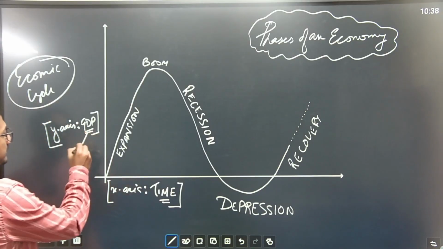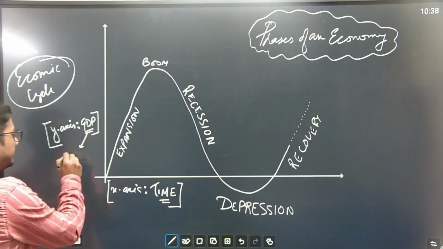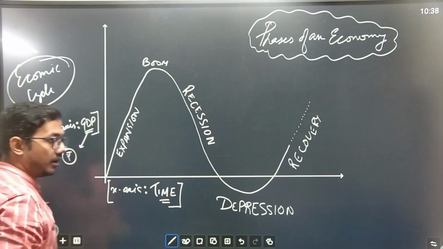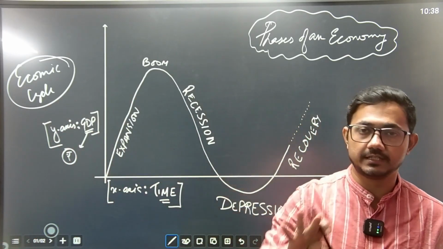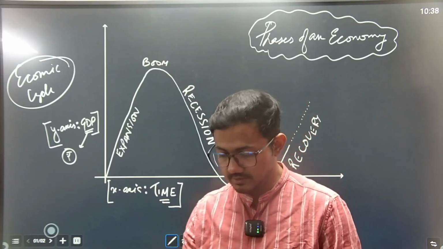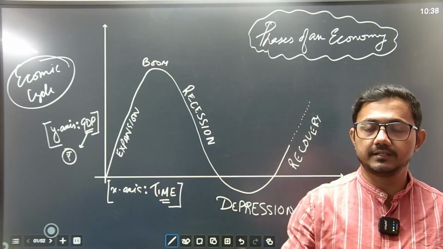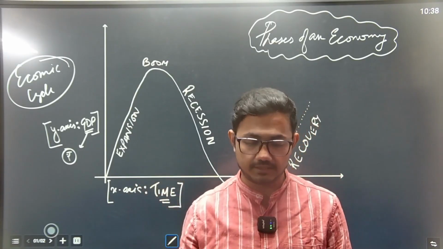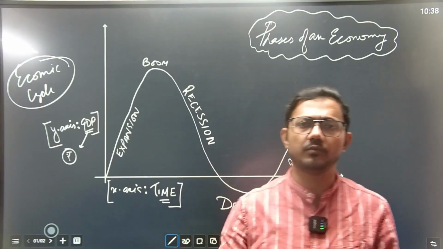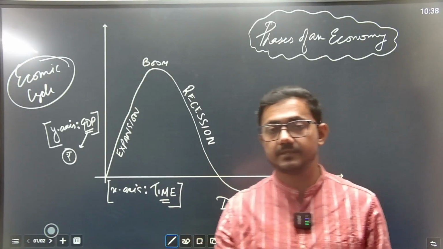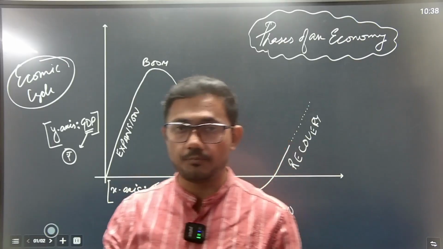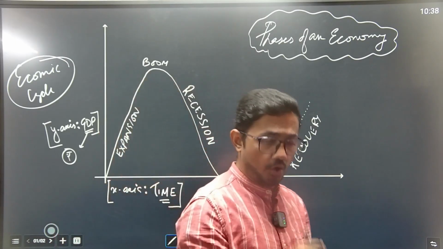Now, what do we mean by GDP? GDP is the value of all final goods and services produced within the country. That is, inside the territory of a country, whatever final goods and services have been produced, the value of it is known as GDP.